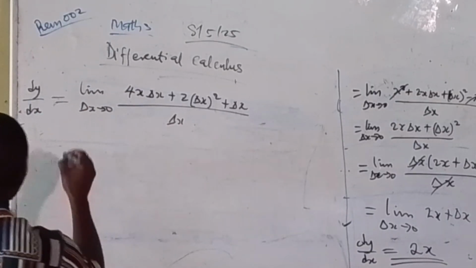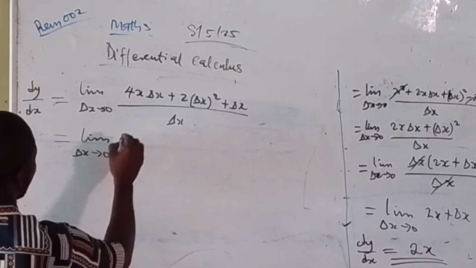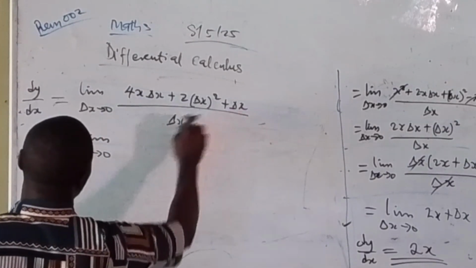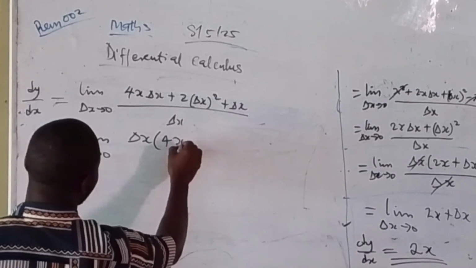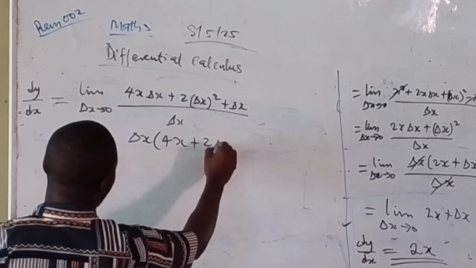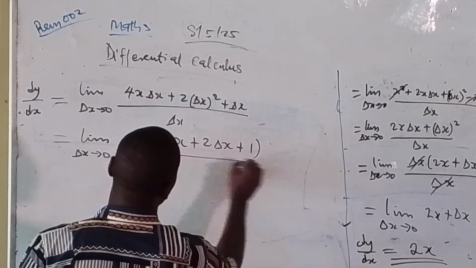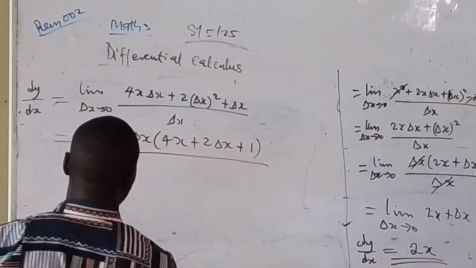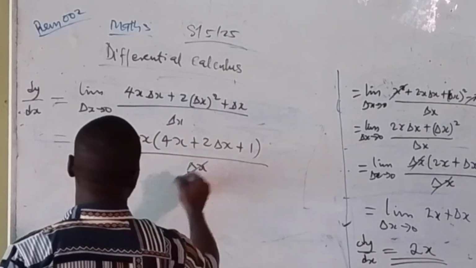So that equals limit as change in x tends to 0. There's change in x common to all of them. So we factorize change in x into 4x plus 2 change in x plus 1, all over change in x. So this change in x can cancel this.